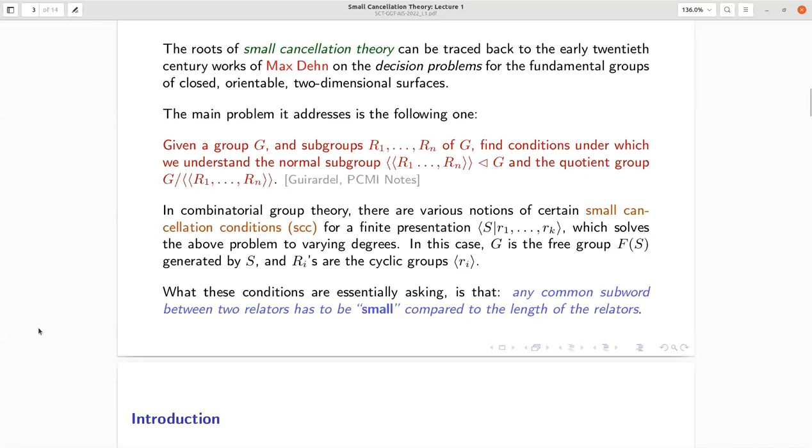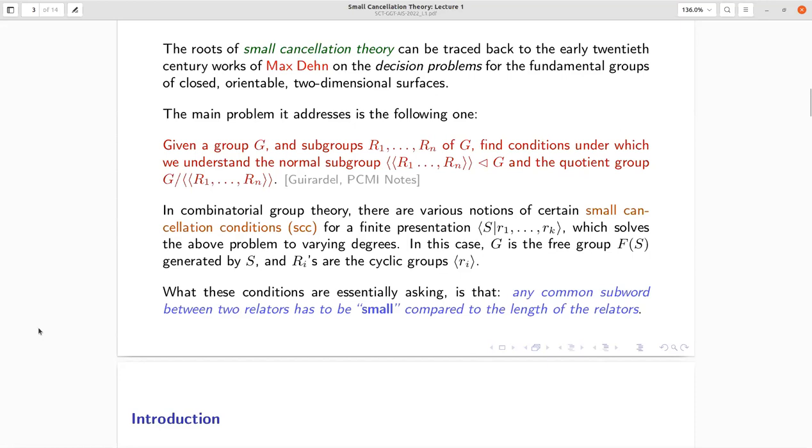So what is it really trying to say? Suppose we start with a finitely presented group G. I hope we all are familiar with the presentation of a group. So suppose we have a group G which has a finite presentation like this, in terms of a generating set S and a set of relators R1 to Rk.